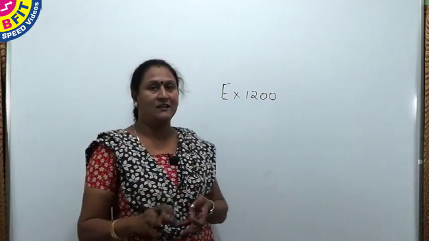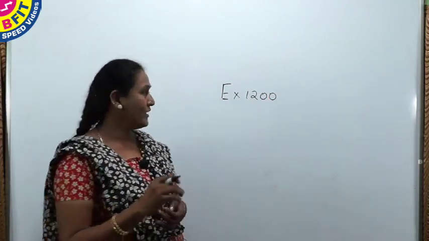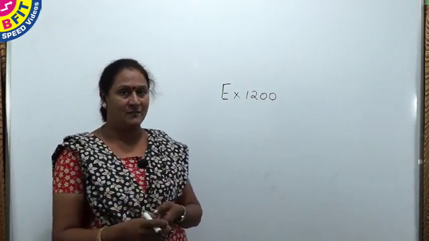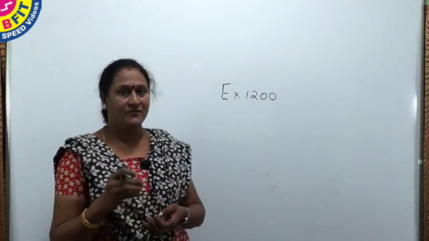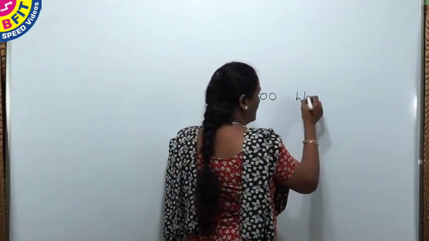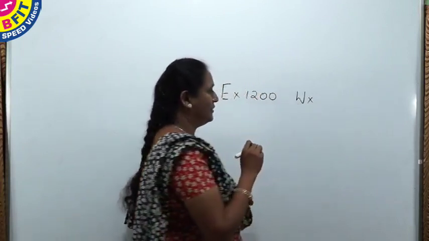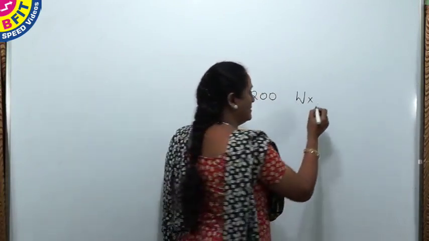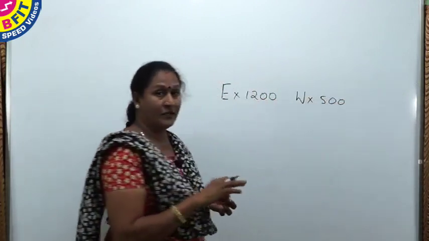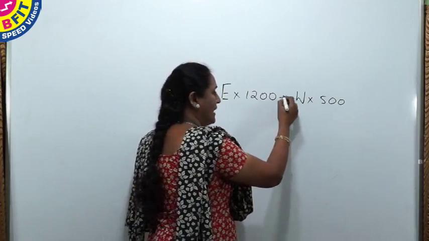And let me take the workers as W. To find the amount given to the workers, the number of workers we take as W and their average salary is 500. By multiplying that, W into 500. To find the total salary, we add.